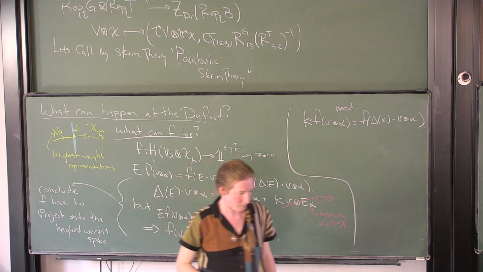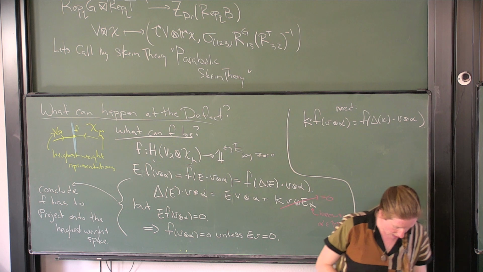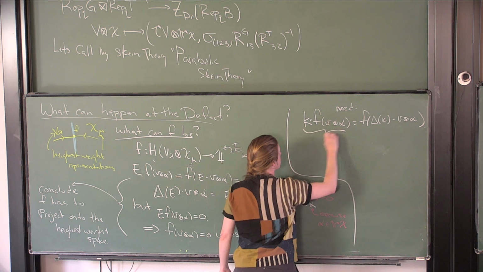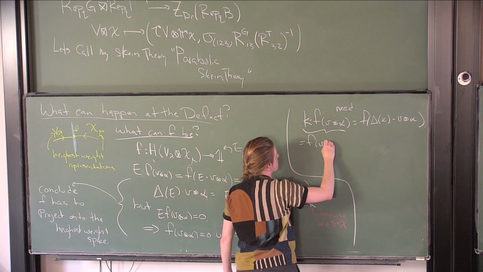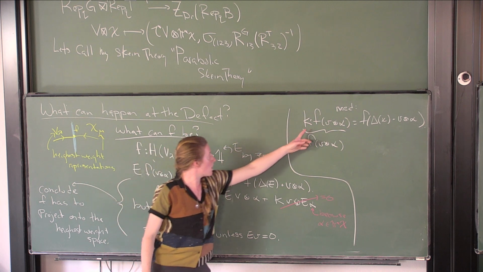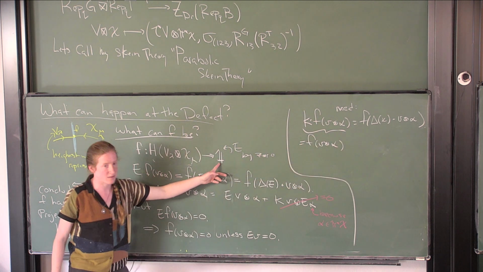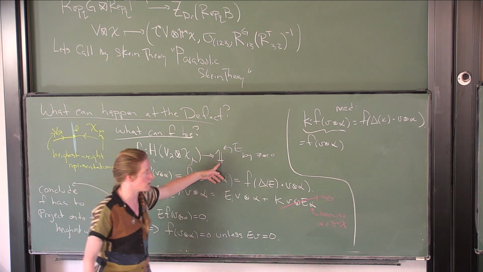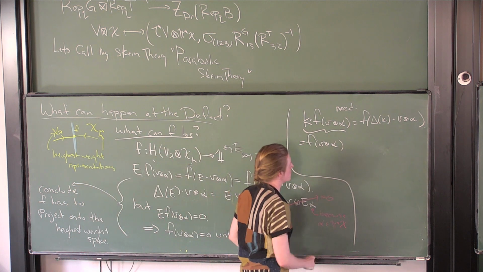And here, this is just going to be f of v tensor alpha, because whatever this morphism is doing, it has to land in the trivial representation, and so K is going to act just by multiplication by 1. So here it has to be this.